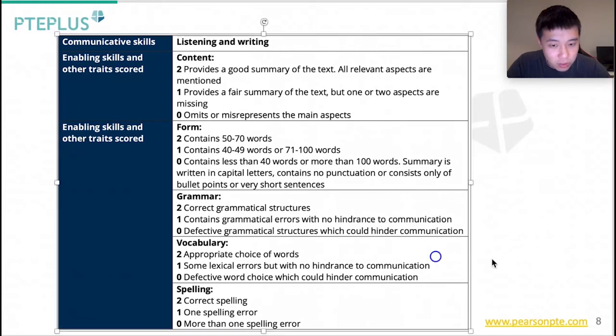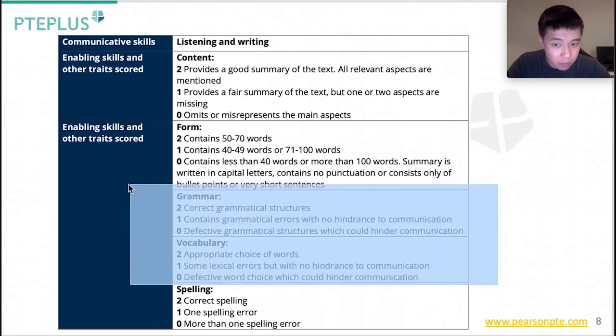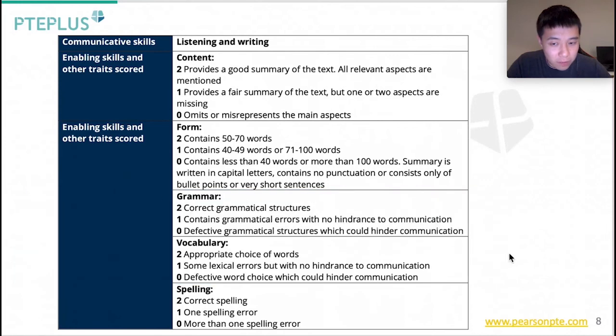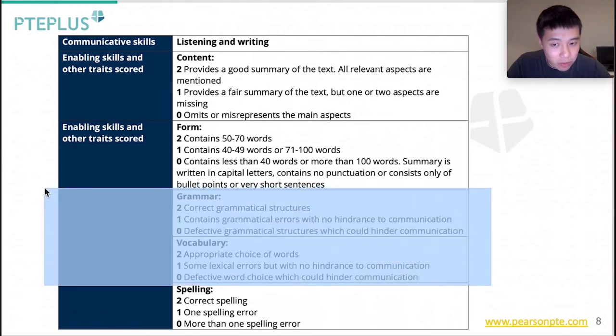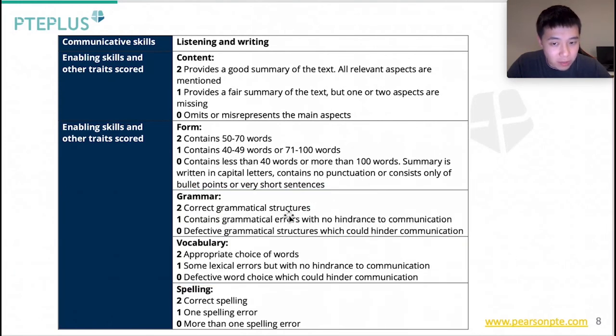at no use, right? Just for example, for this question, if you spend a lot of time on grammar, trying to think of a very good, very complex grammatical structure, you will actually not be rewarded by it.